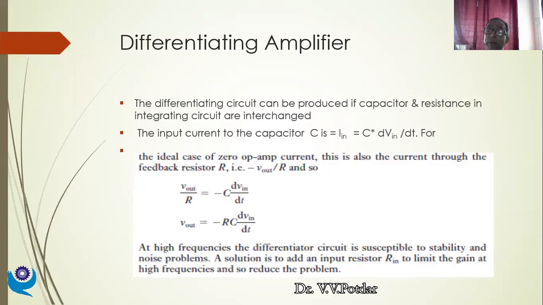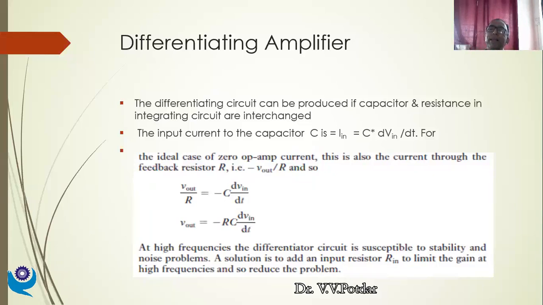What I'm doing practically is, at every time interval, finding out the difference in voltages. In integration, at different times I was measuring voltages and taking the sum. In differentiation, what is the meaning of dV in? dV in is delta V in.